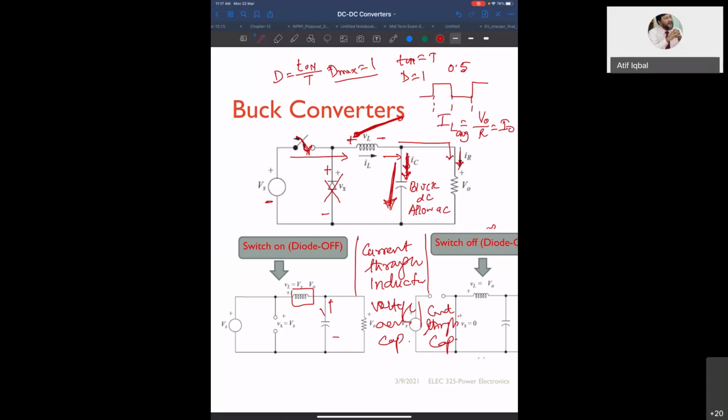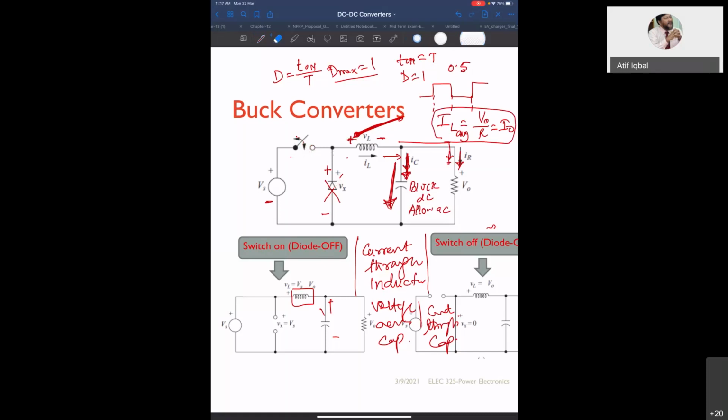The inductor is getting charged, the current is rising through the inductor, the ripple passes through the capacitor, the load current passes through the load, and the average inductor current is equal to your load current. Now, what happens when the switch is off? So let us see the switch off condition.